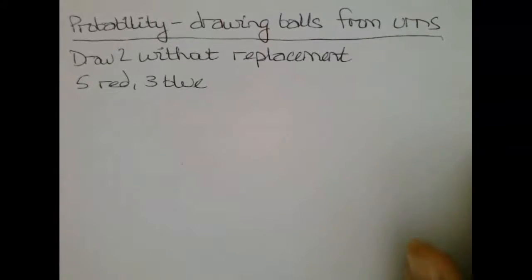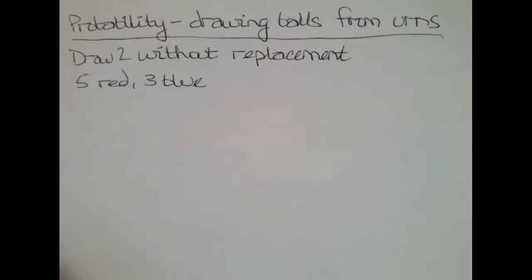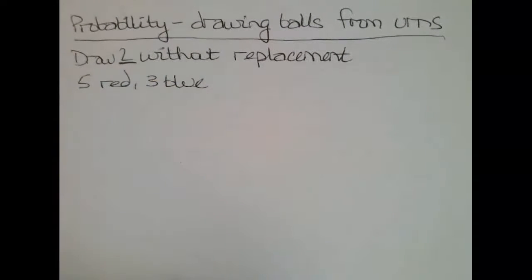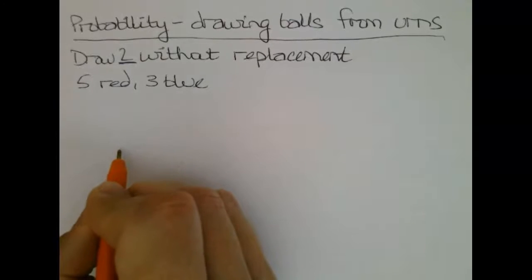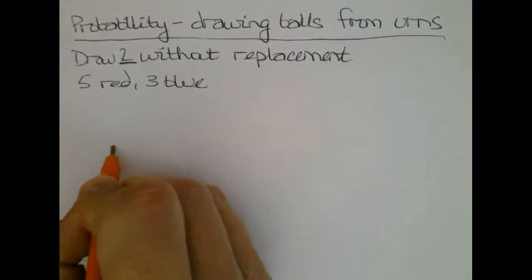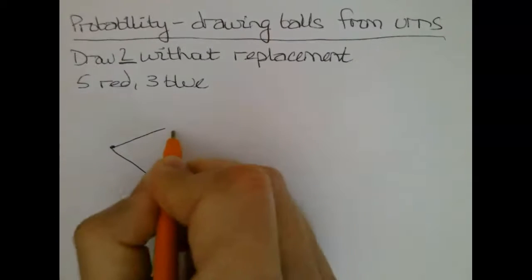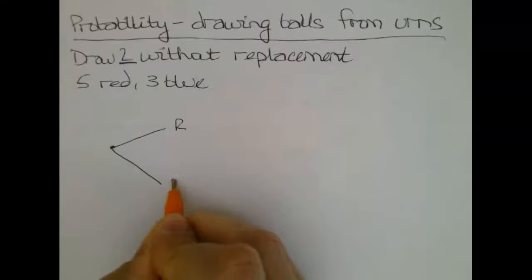I want to use a tree diagram to represent this experiment. I'm going to draw 2 paper clips out of my pile, so I'm going to do them one at a time. The first set of branches for my tree, here's my starting point, is going to represent what might happen on the first draw. On the first draw, I could get a red one or I could get a blue one.